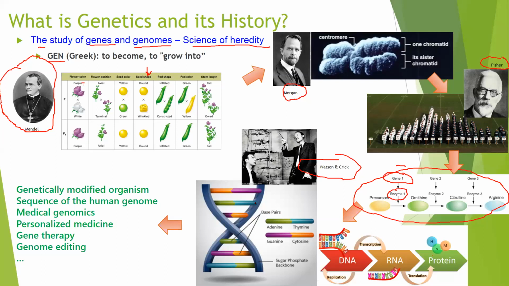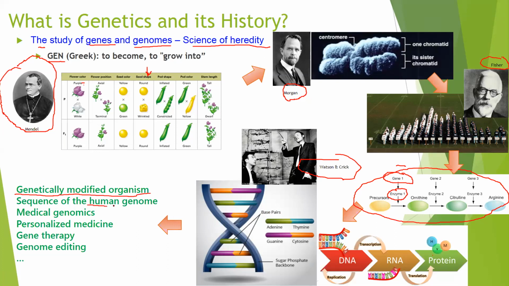So this is the history of genetics, and all these important contributions lead to current modern genetics, different genetic theorems and also genetic applications. For example, these are terms you are probably very familiar with: the GMO, the genetically modified organism, and also sequencing technology.